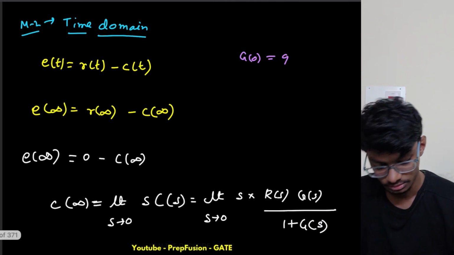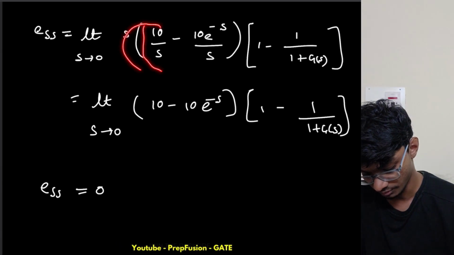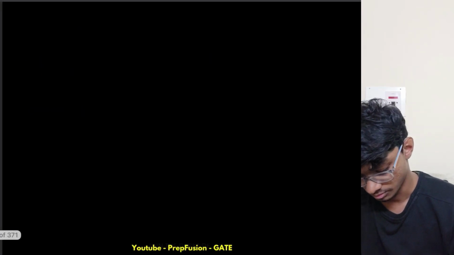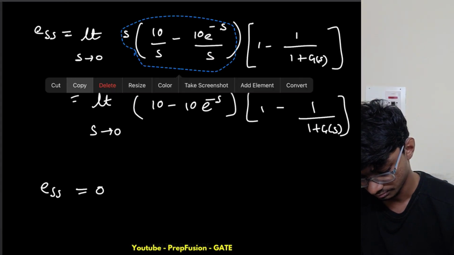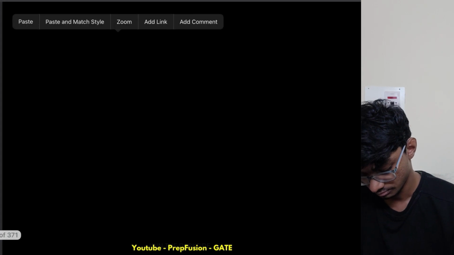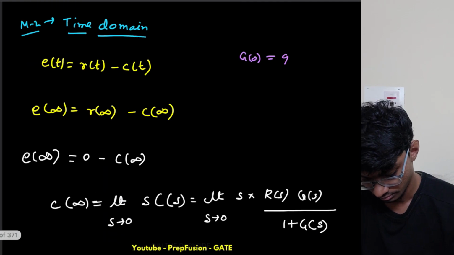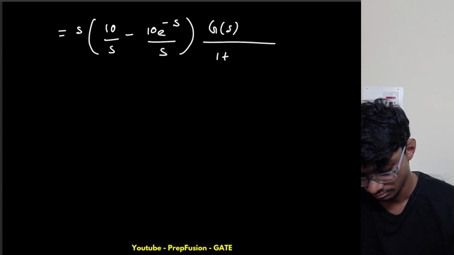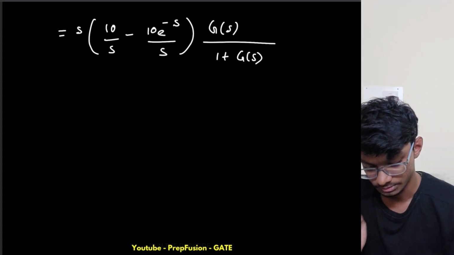Now what is my r of s? R of s is this one. Again, this one will go to 0 only, so my c of infinity will be 0 only. So I'll just copy this one because this will just waste time. One plus g of s, right? So this is basically what I get.